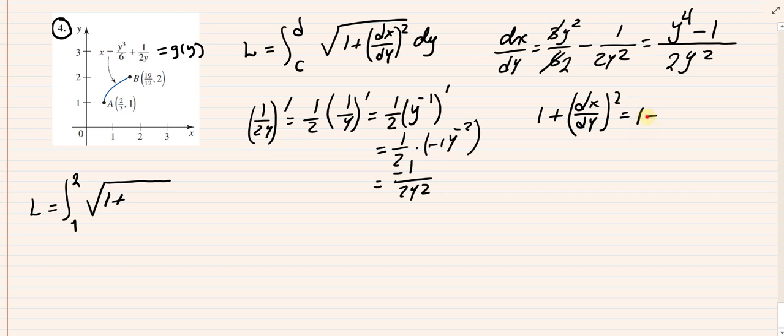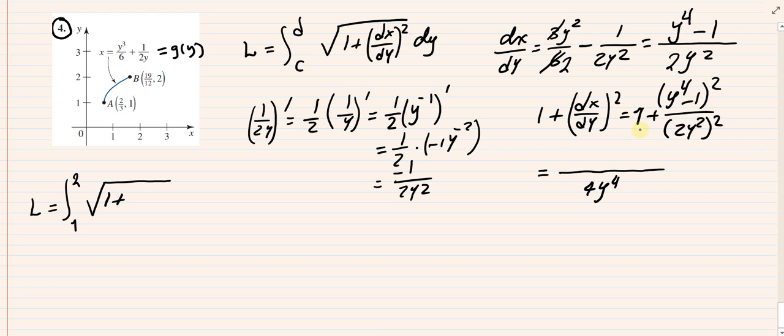That's going to be 1 plus (y to the 4th minus 1) squared over 2y squared squared. The LCD is going to be 4y to the 4th this time. So I can rewrite 1 as 4y to the 4th over 4y to the 4th, which takes care of the 1.